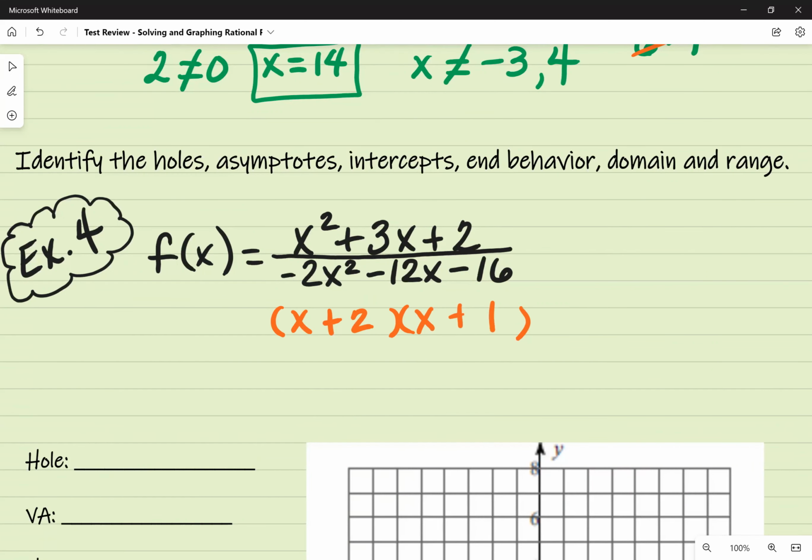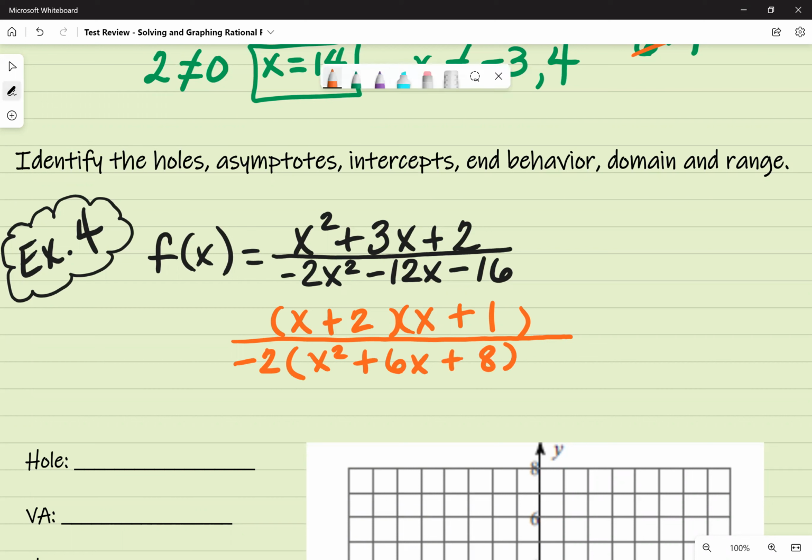All right, so now I go to the bottom and I notice I have a negative leading coefficient, and I also can divide each of these by 2. So I'm going to take out -2, and when I do that, I'm left with x squared. This sign will change, +6x, and this sign will change also, +8. Now, what I want to do is further factor, because I can.